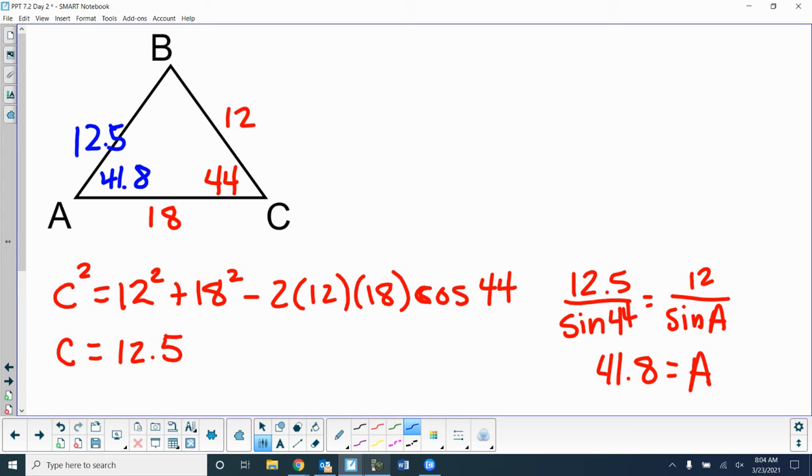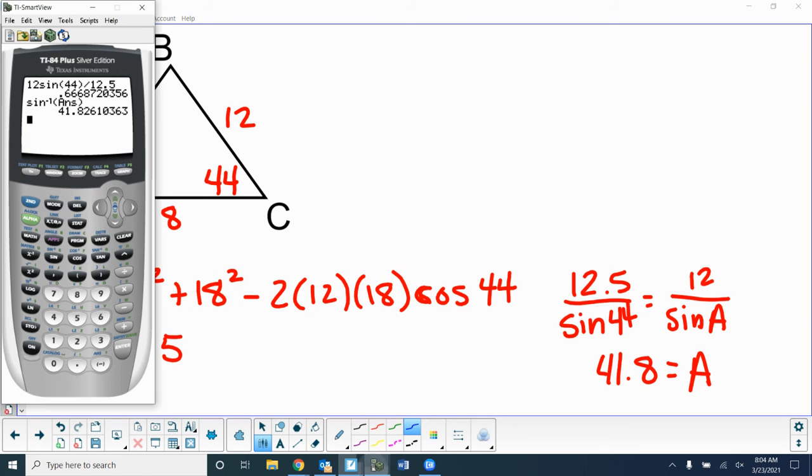Now what do I do? How do I find B? Add them and subtract from 180, right? So I'm going to add 44 to that answer, and then go 180 minus that.